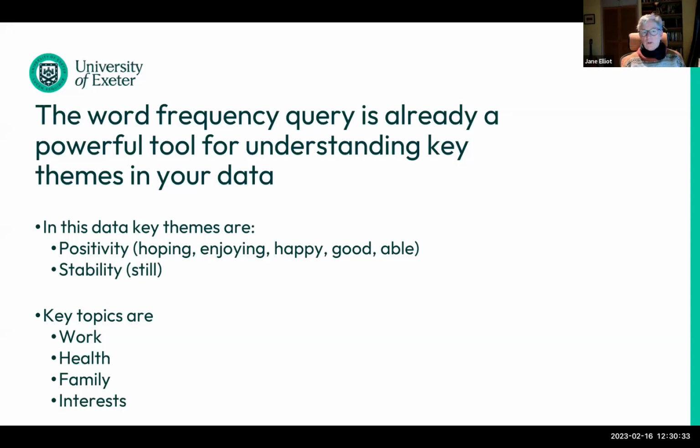And also I found a lot of stability. People imagining their life at 60 would be very much the same as their life at 50, so lots of people using the word still. And perhaps unsurprisingly, the key topics rather than the themes are things like work, health, family, and their interests. And of course, that was prompted in the question, the way the open-ended question was asked.